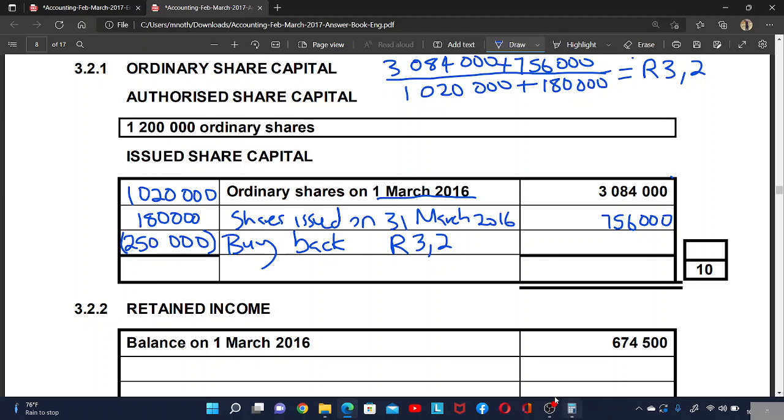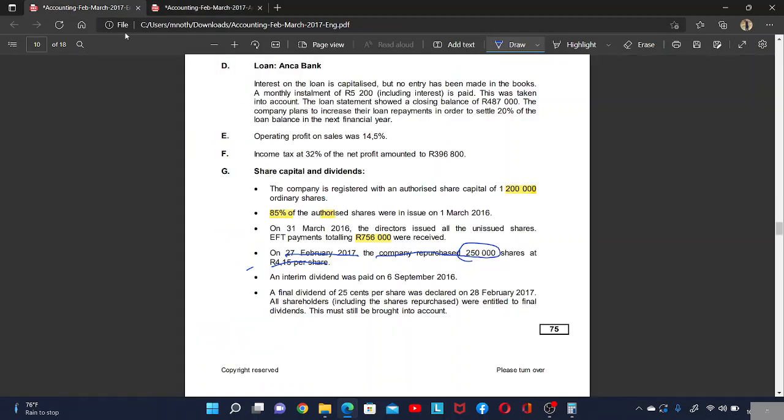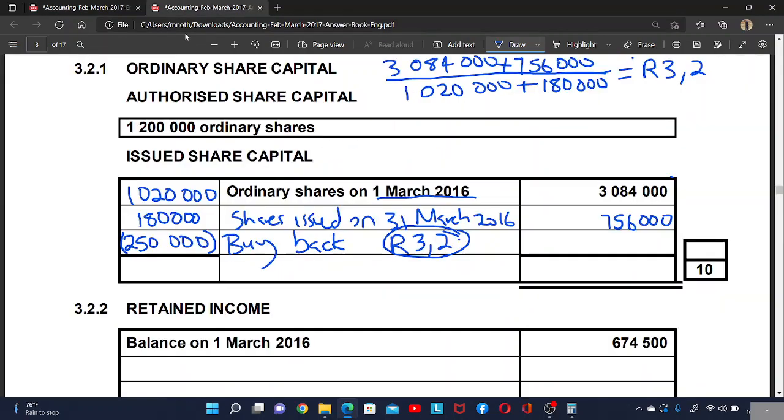Then the difference between the average price and the price at which the shares were bought back is going to the retained income. Let me say this again. The difference between the average price and the price at which the shares were bought back is going to the retained income.